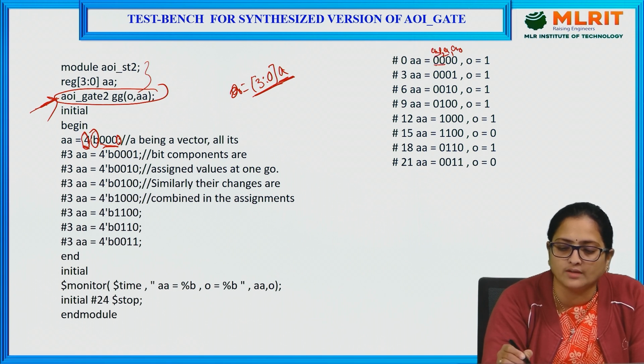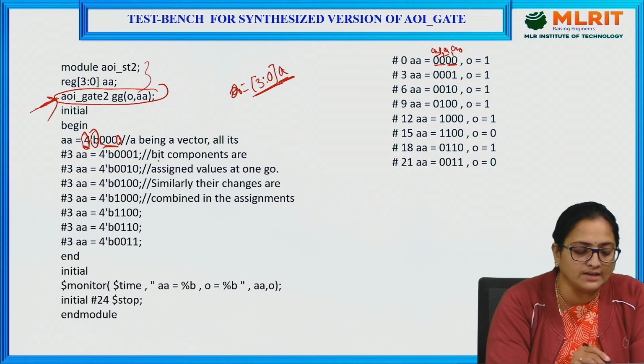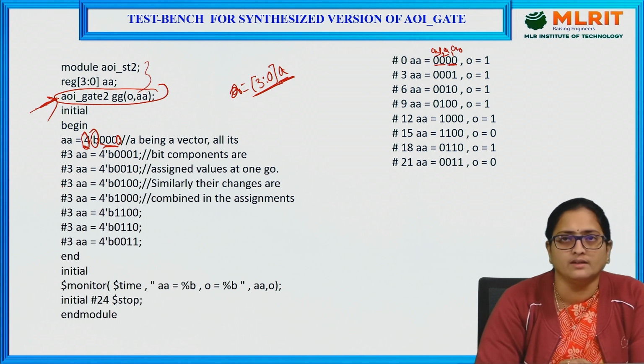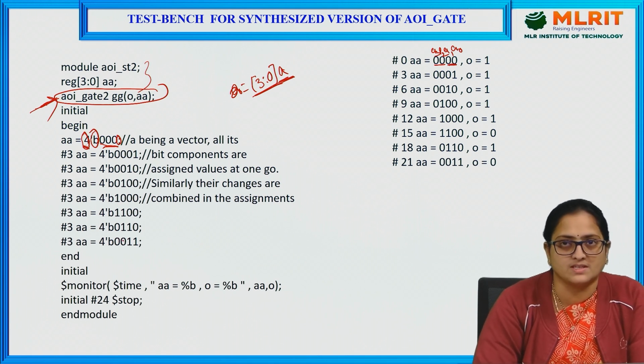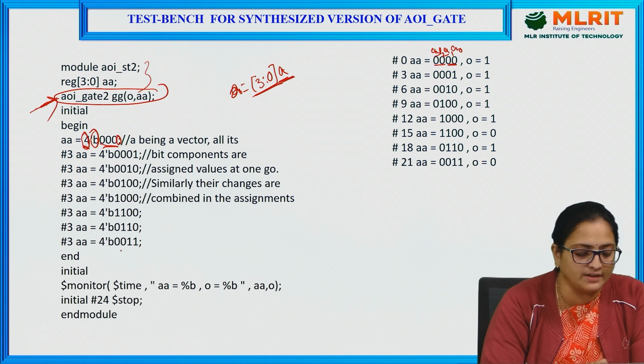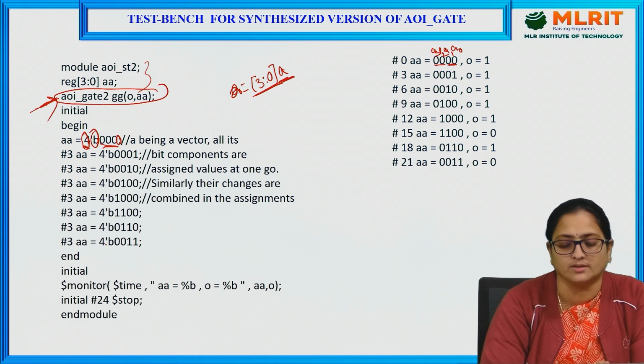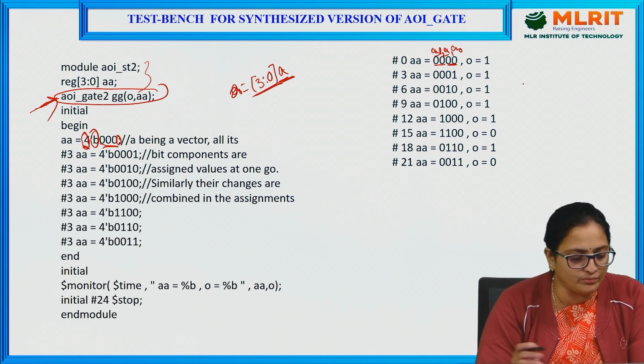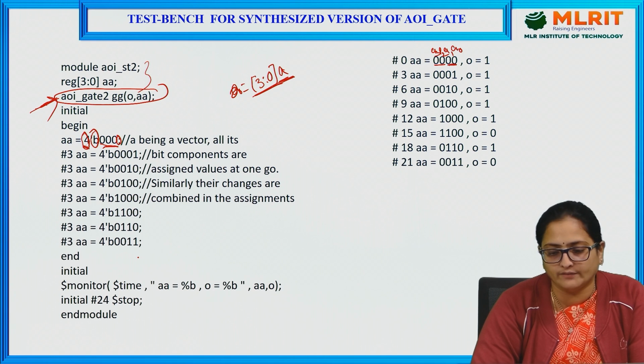These two are the inputs for the first AND gate, and these two are the inputs for the second AND gate. So you can also declare the inputs like a number system, that is, here it represents a 4-bit binary value. So this will be the output for the AOI gate which we have taken.